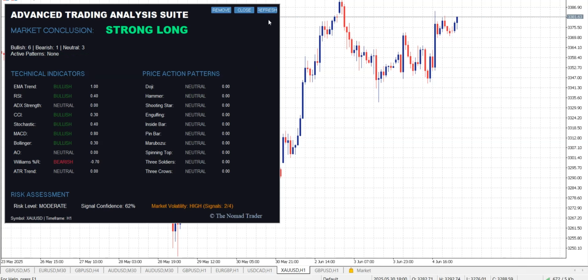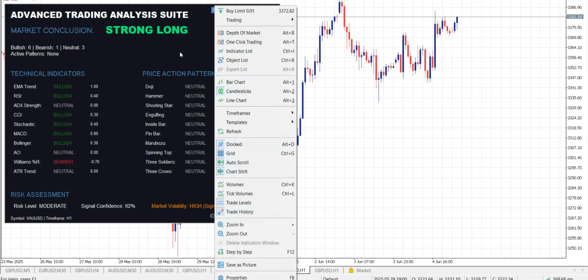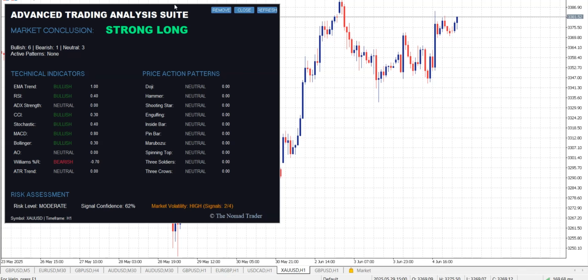There are some technical elements that I am not going to go into, but now I also added some buttons which are, in my opinion, very useful, that you can just refresh it anytime. You can close it or remove it. If you just close it, then you can use it again if you just want to take a look at the chart. If you remove it, it is the same as you would remove it with this button. But I like to have these here, and you can refresh it anytime in a candle as well.